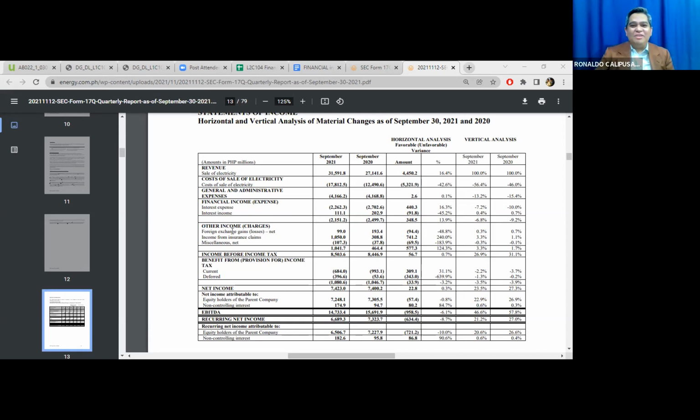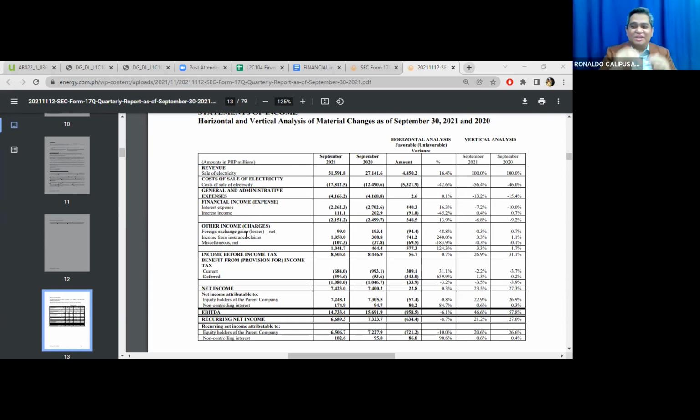And then you have another. So these are all related to financial instruments. Okay, so financial income. And then you have your other income and charges, which is foreign exchange. So they have foreign exchange gain or loss. When you say foreign exchange, for example, some of their loans are probably denominated in currencies other than the Philippine currency.